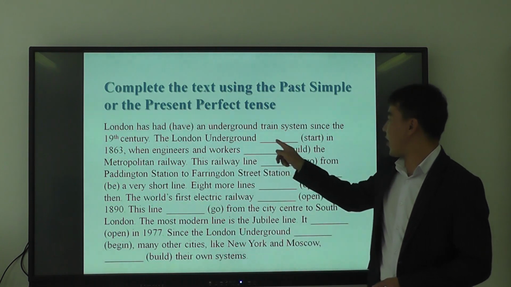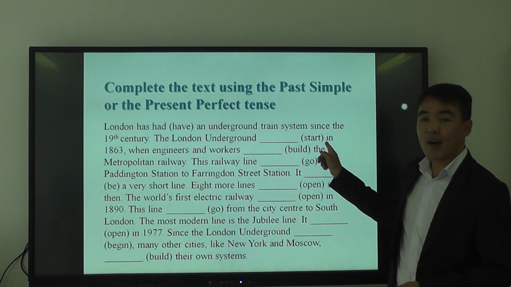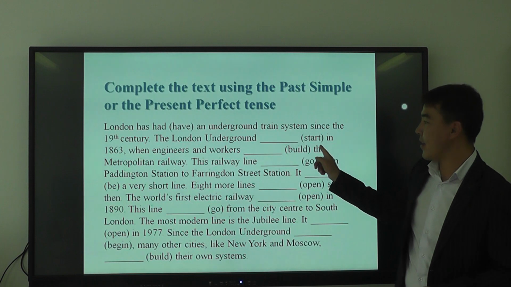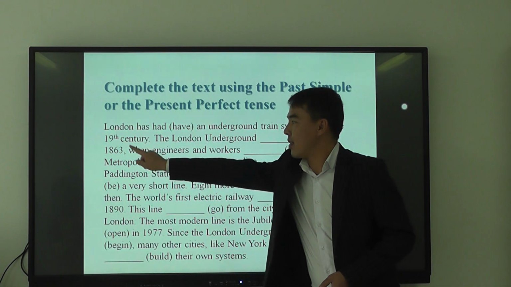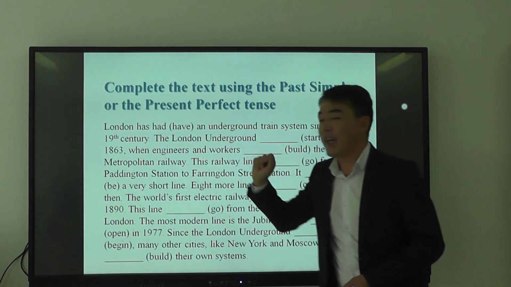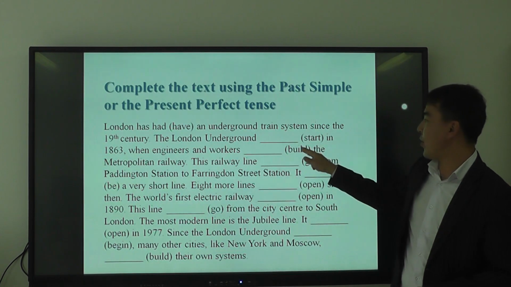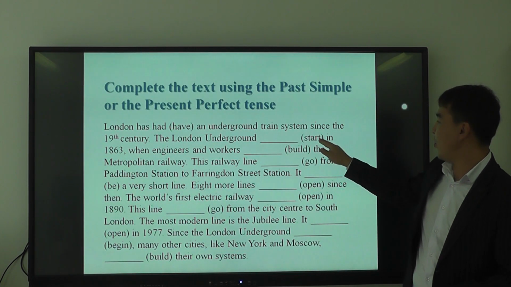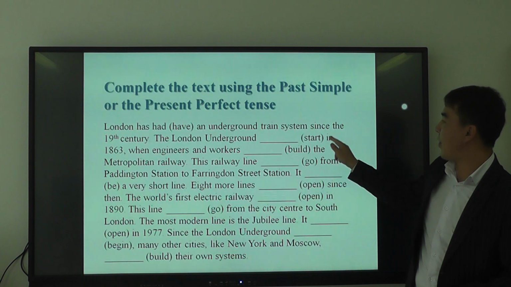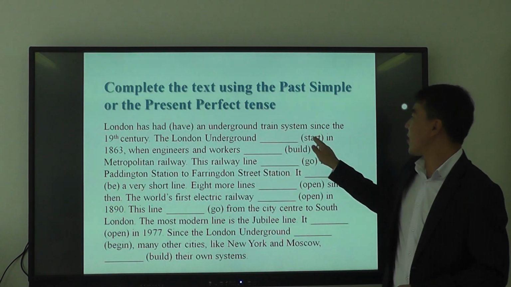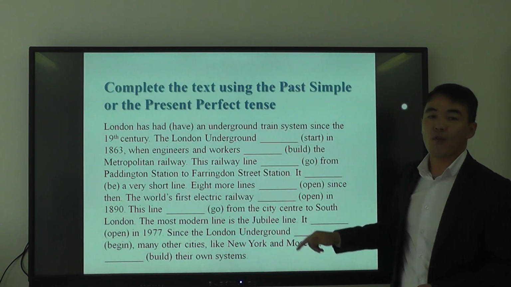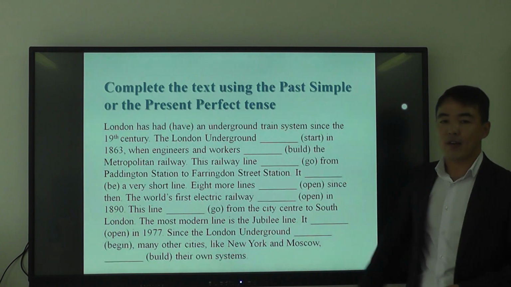The London Underground, and here the past simple. Why? Because in 1863, and here in the past simple, you should put the form of the past simple. The London Underground started, and start here, verb plus the ed suffix.